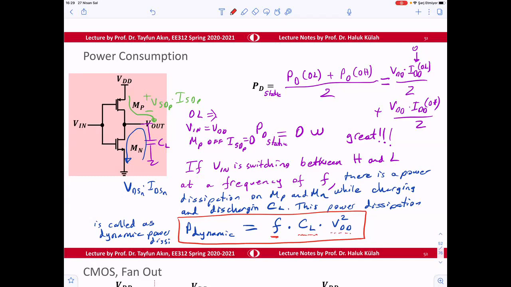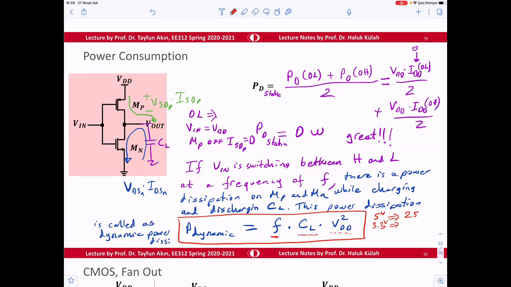So when you use 5 volts, this becomes 25 volt squared. Therefore people started to drop this voltage. The effect of supply voltage is a square effect.